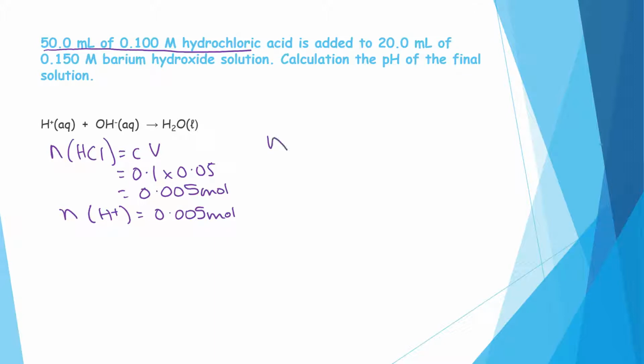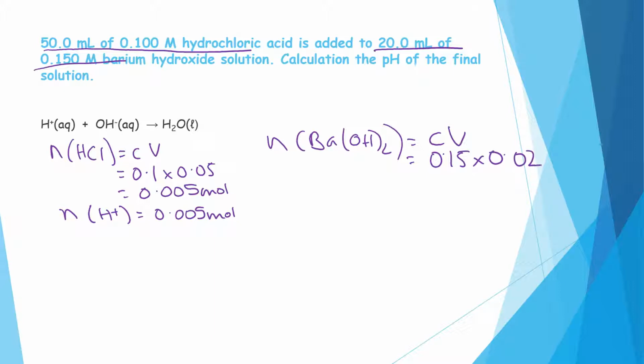The number of moles of barium hydroxide is also equal to CV. We've got 20 ml of 0.15 molar, which comes out to 0.003 moles. Now you need to watch out here. We need to work with hydroxide ions, and you can see there are two of them.